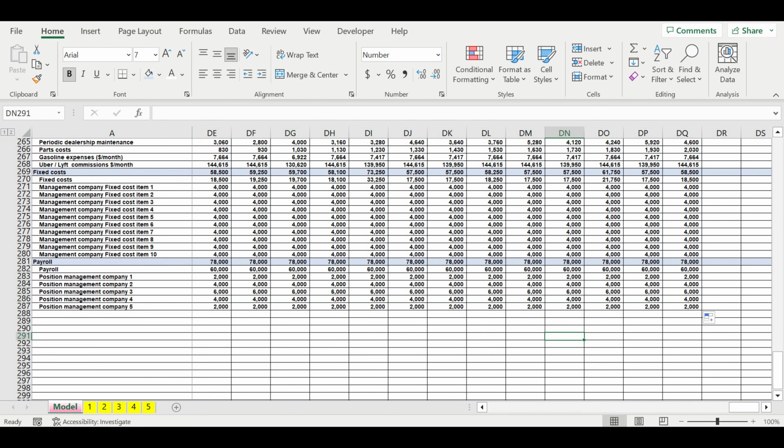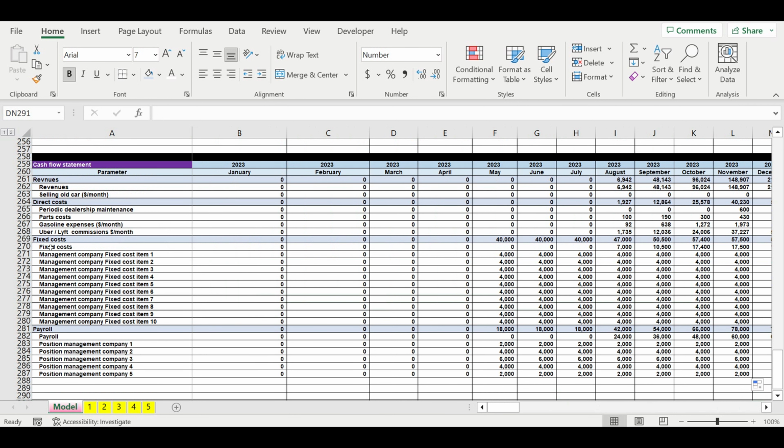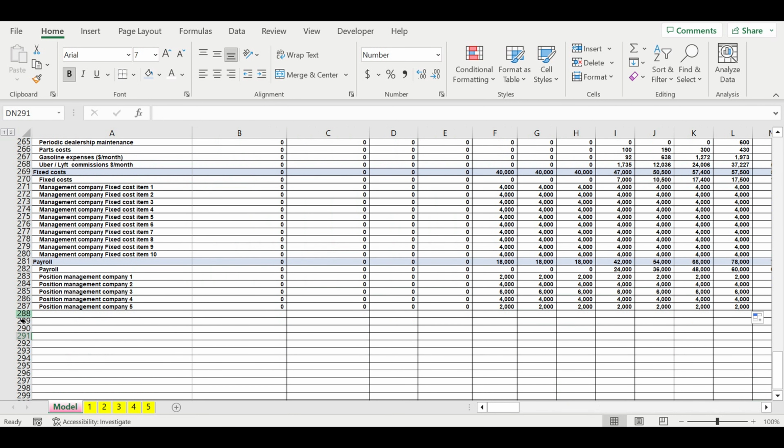So this is the payroll. We have revenue, direct cost, fixed cost, payroll. Then we are moving to taxes.